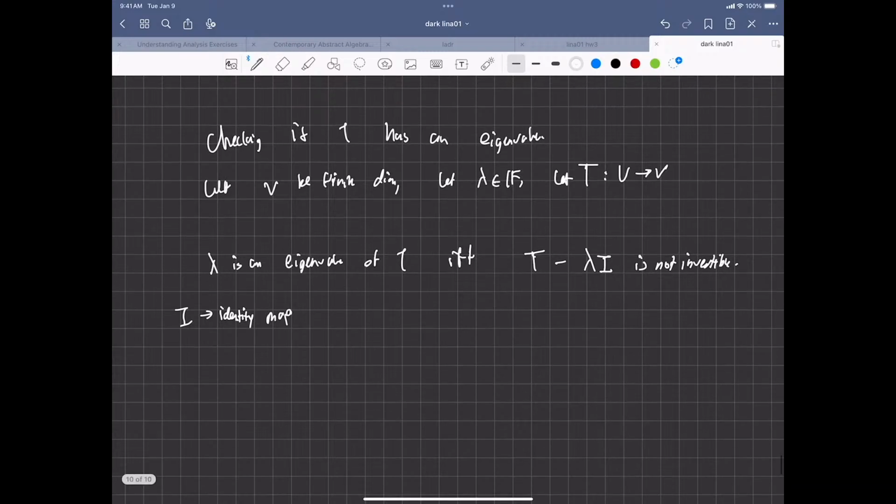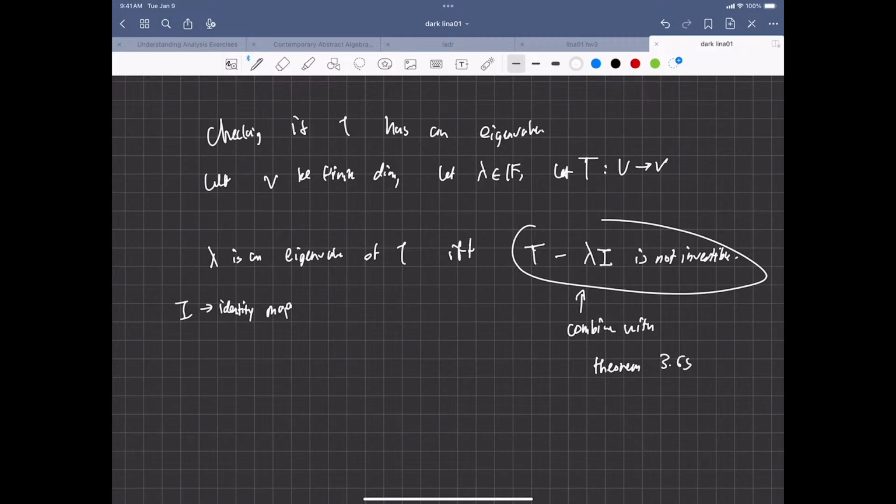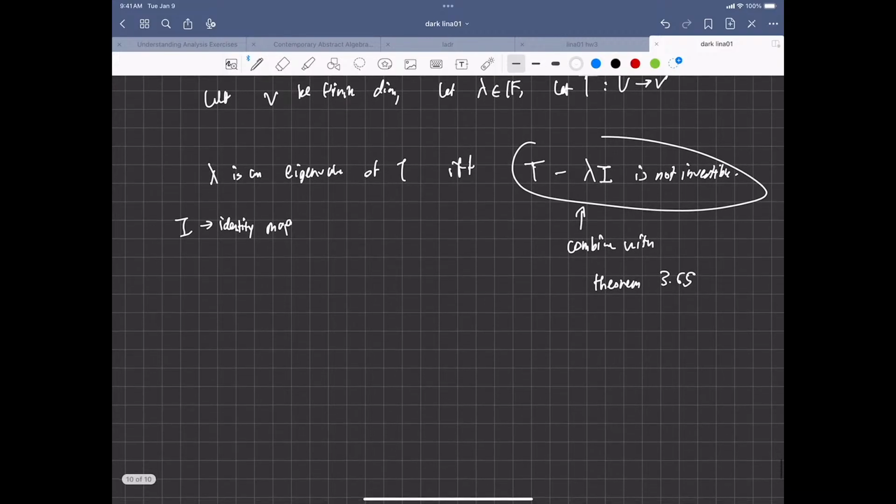This statement here, not invertible, can be combined with theorem 3.65. What does this theorem state again? Over V finite dimensional, T is invertible if and only if T is injective, if and only if T is surjective.